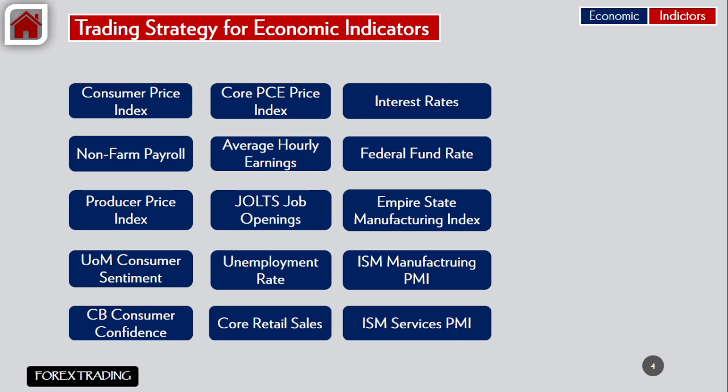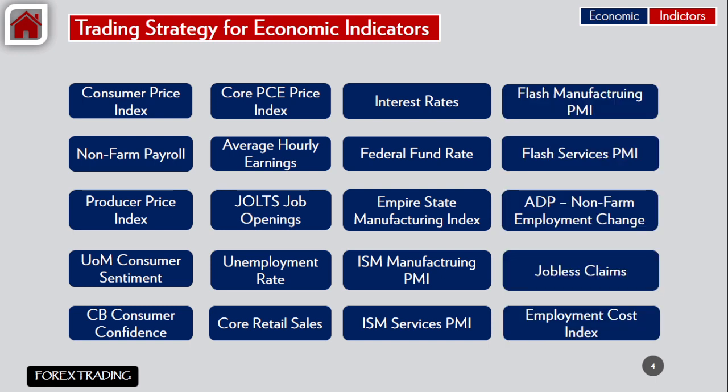PMI is your Purchasing Managers Index, and Flash Manufacturing PMI, and Flash Services PMI, ADP Non-Farm Employment Change, Jobless Claims, and Employment Cost Index, and we may have a few more. So this is basically the list of economic indicators, where the data about each indicator comes in the market at different times, and then we see what that data is about.